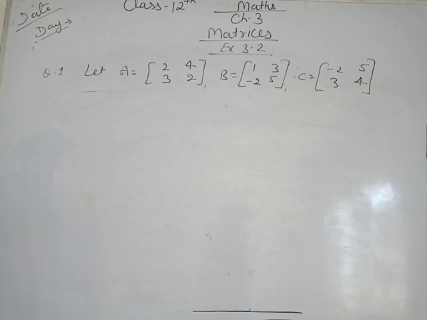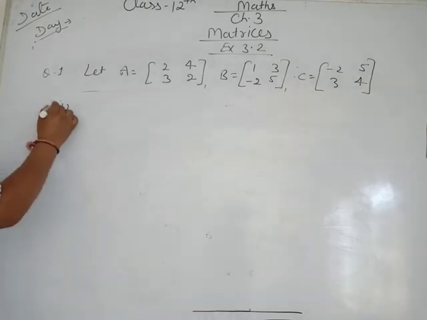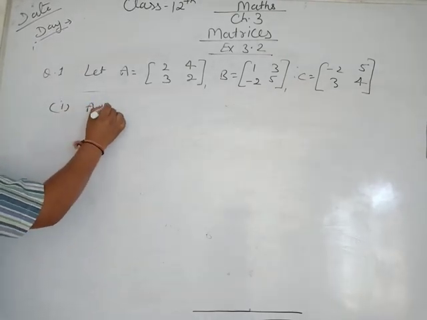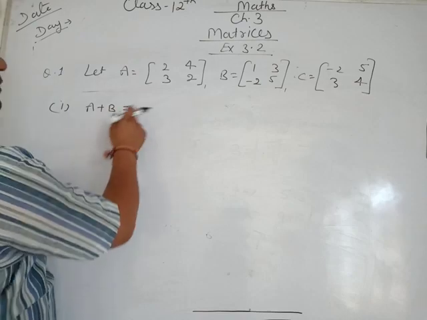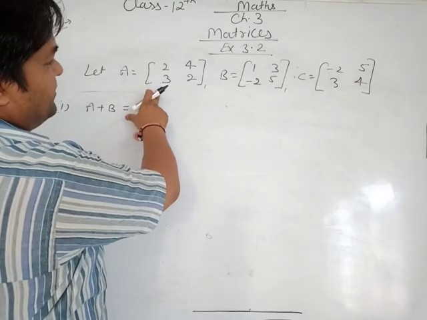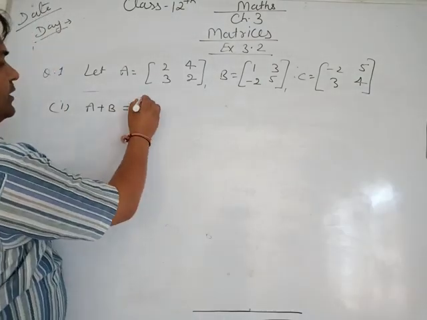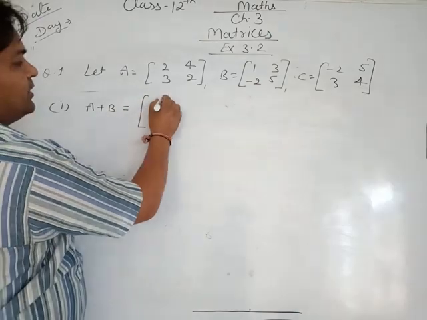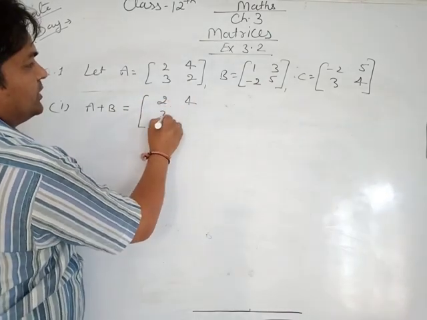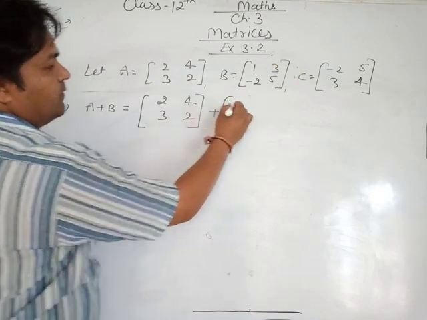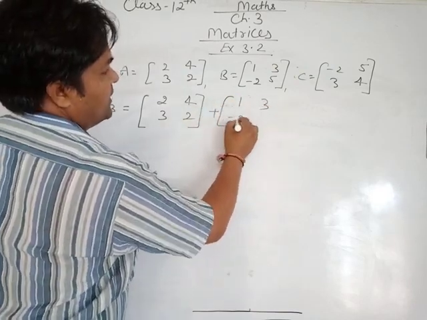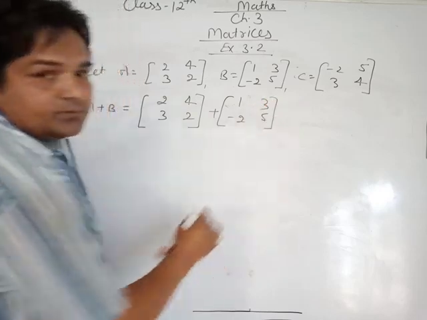First we will solve the first part of this question, A plus B. So look here, how we will add matrices A and B. We have given matrix A: 2, 4, 3, 2 plus B: 1, 3, minus 2 and 5.